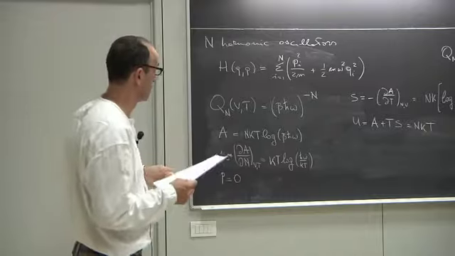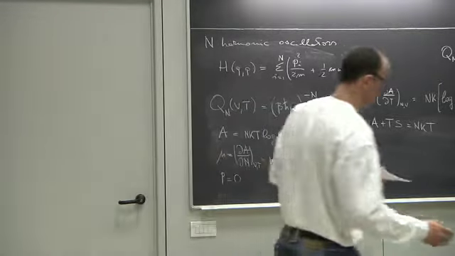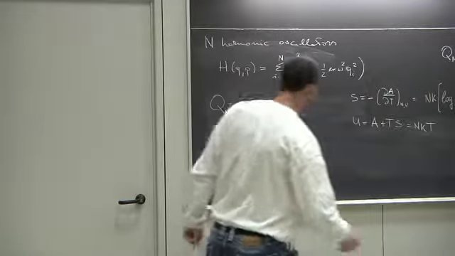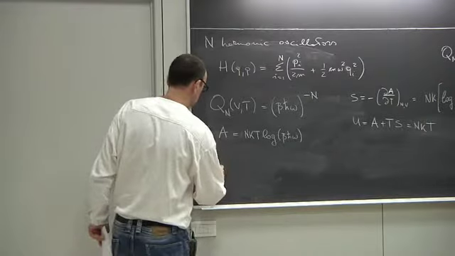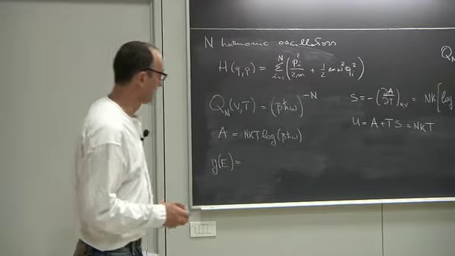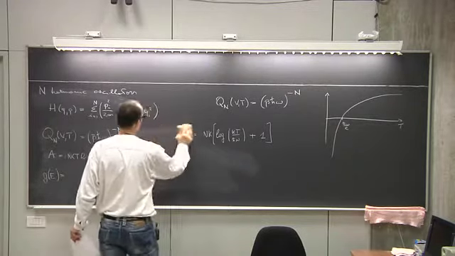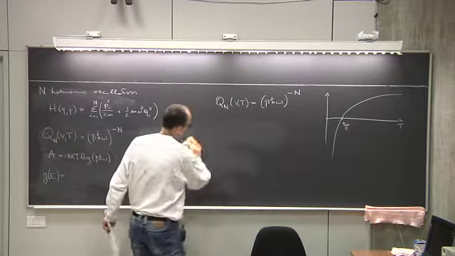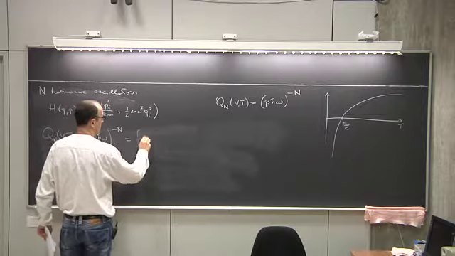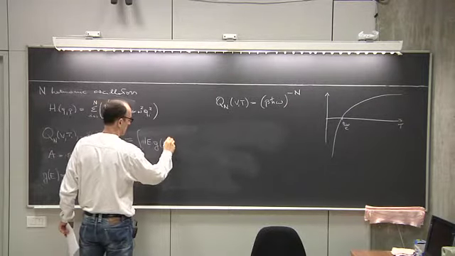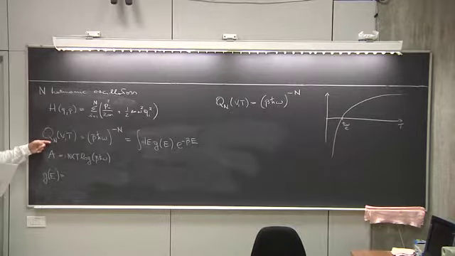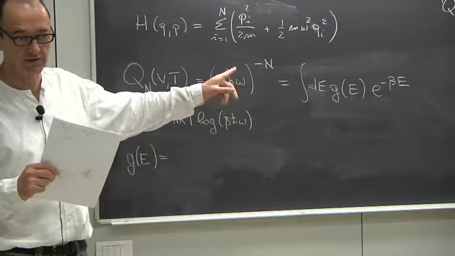Very good. So the last thing which we can derive is the density of states, the number of states which have energy E. One way to derive this is to do the inverse Laplace transform, because we know that the partition function is the Laplace transform of the density of states.